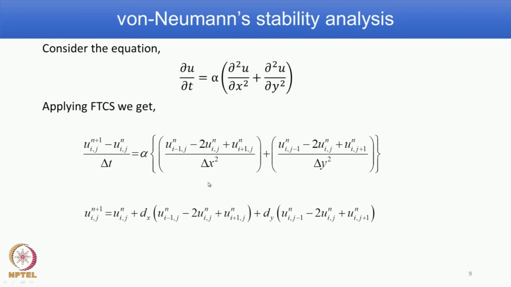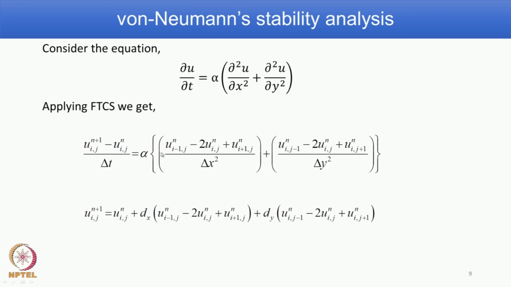Now, we rewrite this equation. We are interested only in the term u i comma j n plus 1, all other terms are known from the nth time level. Hence, we rewrite this equation by keeping the unknown on the left hand side and taking all other terms to the other side. So, for example, this delta t is taken from the denominator on the left hand side to the other side, then u i comma j n is also taken, it becomes positive.